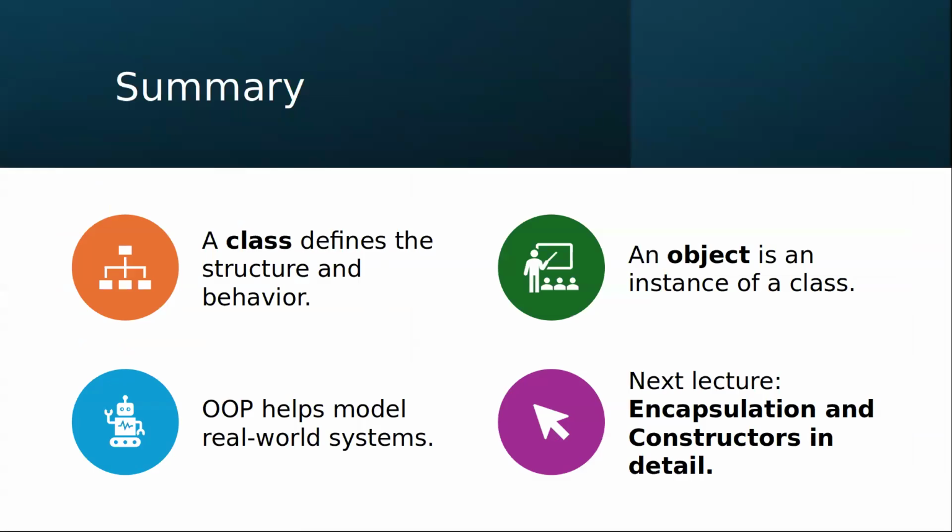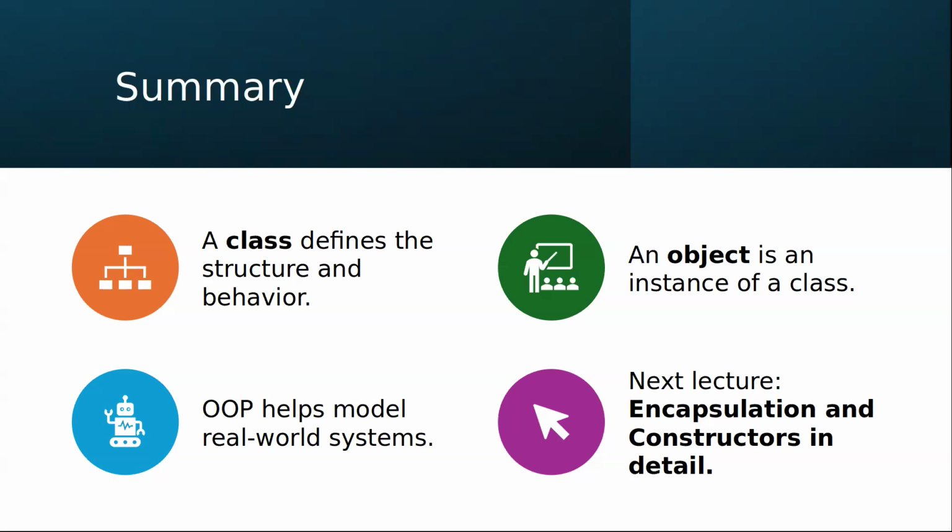Let's summarize what we have covered today. We learned that a class is like a blueprint. It defines the structure and behavior of something. An object is an instance of that class, a real version that holds its own data and performs actions.